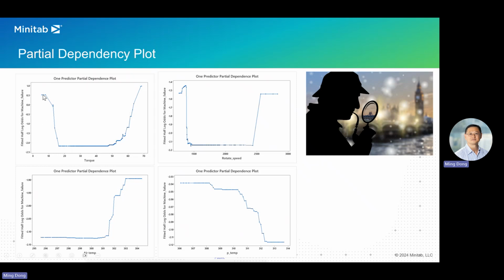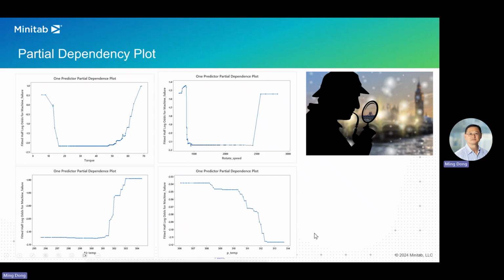But if it's under 15 or over 50, they follow a different direction, a different kind of curve. Similarly for rotation speed. But for air temperature, if it's under 300, the failure rate is very steady. Above 300, it increases dramatically. And temperature tells another story.